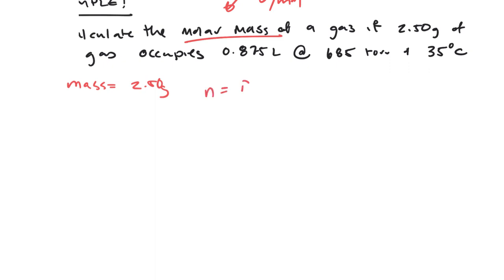So n equals PV over RT in this case, so it's 685 torr. I'm going to convert that to atmospheres, and I'm just going to do it right in the problem because I'm lazy.